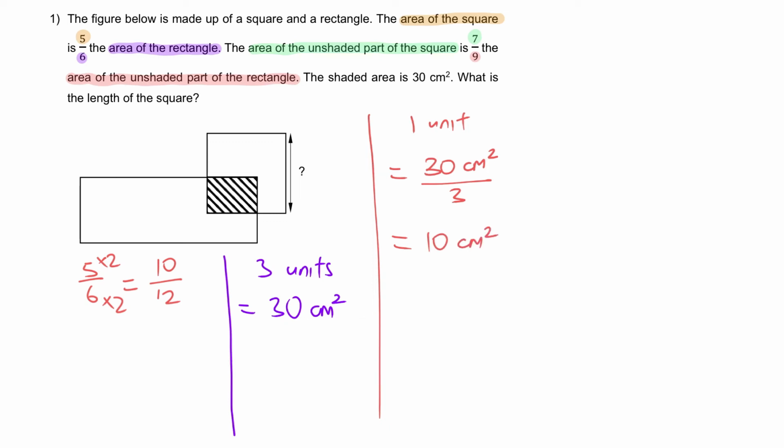And given that the area of the square is 10 units in total, therefore, area of the square will be 10 times 10. Finally, in order to figure out the length, there are only 2 similar numbers when you multiply them together to give you 100, and we all know that it is 10.